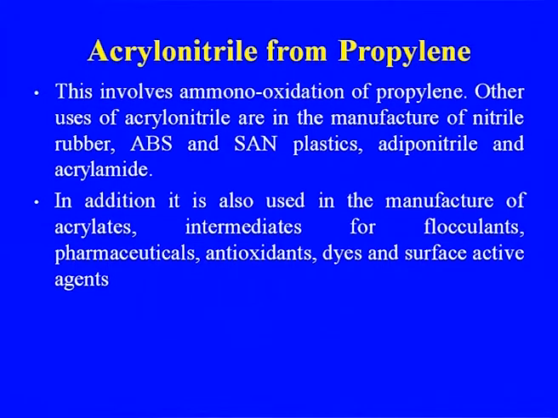Other uses of acrylonitrile are in the manufacture of nitrile rubber, ABS (acrylonitrile butadiene styrene) or the styrene acrylonitrile plastic, adiponitrile and acrylamide. These are the other uses, and one of the major ones is ABS or styrene acrylonitrile plastic and the elastomers also.